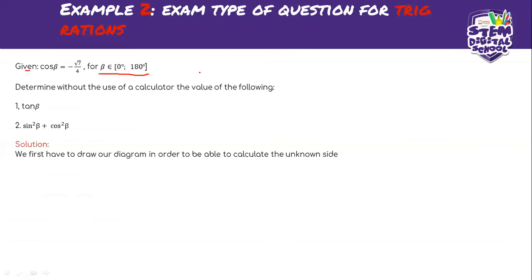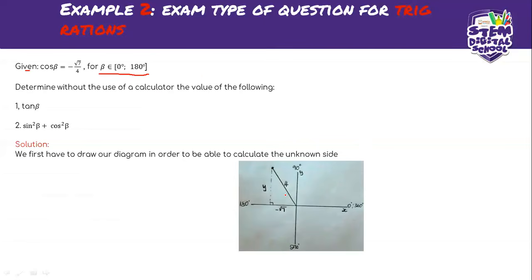But only one quadrant is correct, right? Now, let's see what we have. Here is our diagram. We have constructed our terminal arm in the second quadrant.